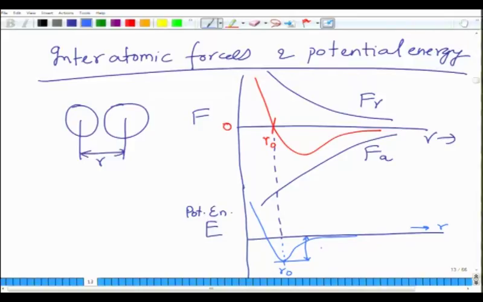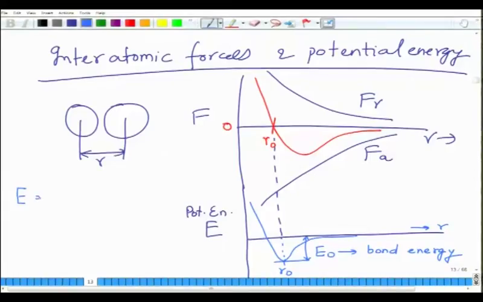In this case we can say just E naught, and this E naught is called the bond energy. The energy corresponding to the equilibrium distance between the atoms is called the bond energy.